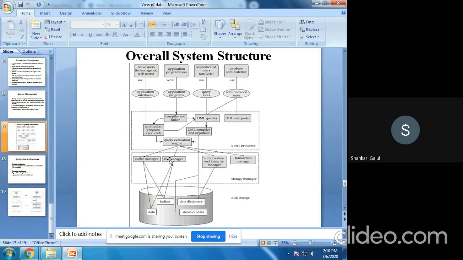That job is done by the file manager, the third component of the storage manager. And the last one is the buffer manager, which belongs to the storage manager. It is used for fetching data from disk or memory, checking what data we are accessing and retrieving from the actual database.